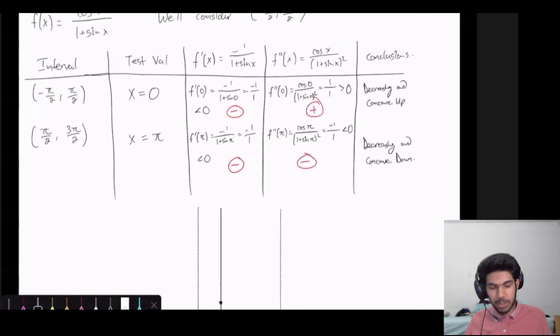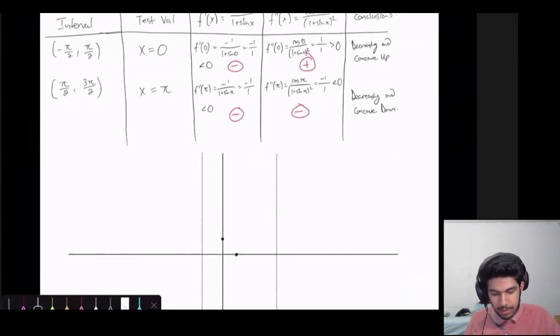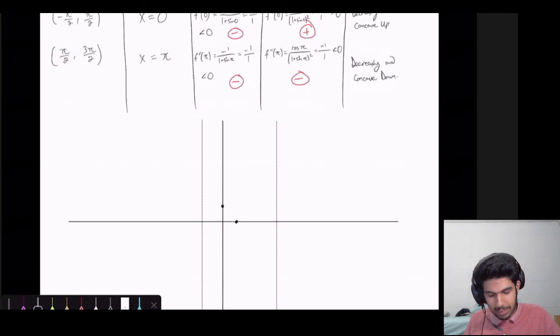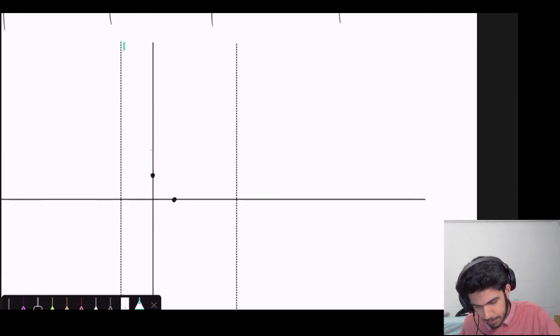So now we can just take a look at our chart and do some graphing. Starting from the left side, we are decreasing and concave up. So for decreasing, and we have to get through these 2 points, decreasing looks like this, we should start up here. And we need to make sure we're concave up.